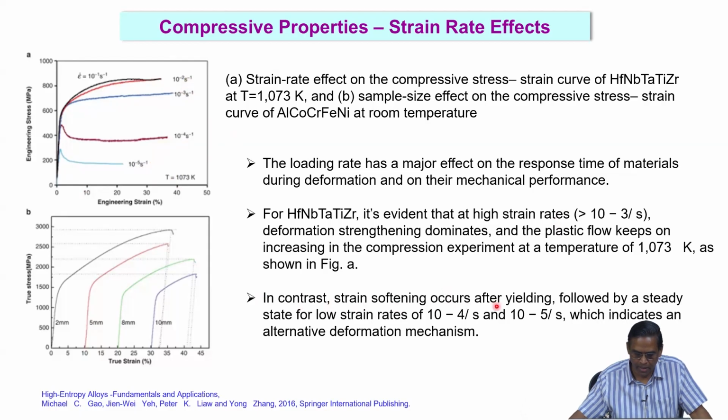In contrast, strain softening occurs after yielding, followed by a steady state for the low strain rates, which is 10 to the power minus 4 per second to 10 to the power minus 5 per second, which indicates an alternative deformation mechanism. If you look at this, there is a kind of peak and then it softens immediately and then it goes to steady state at these two strain rates.